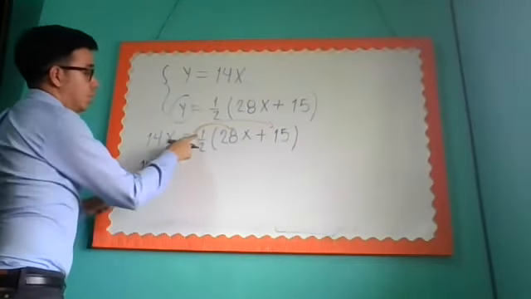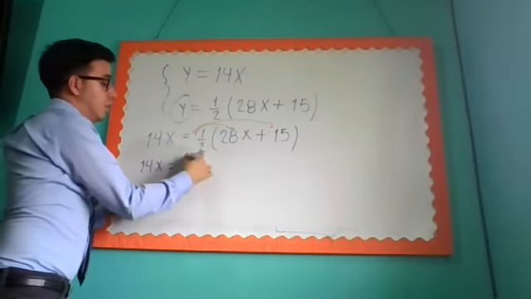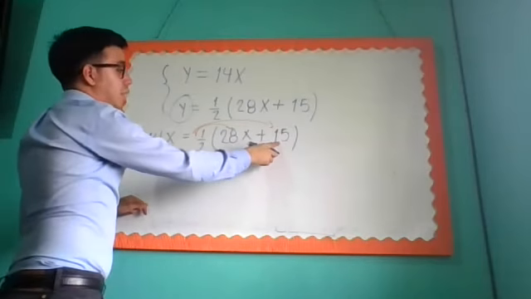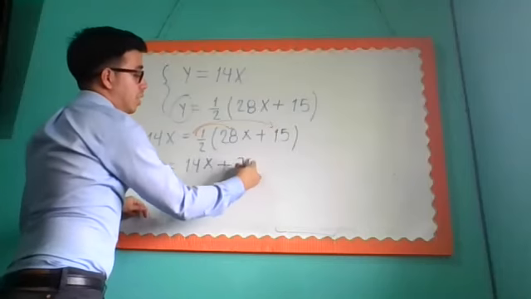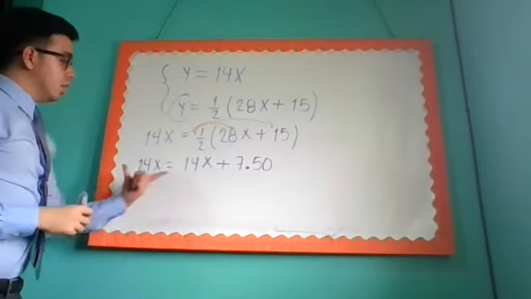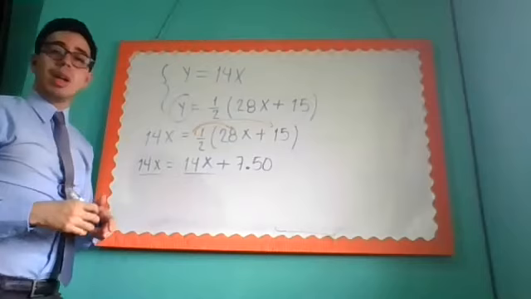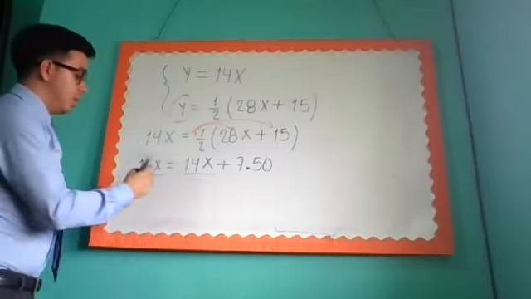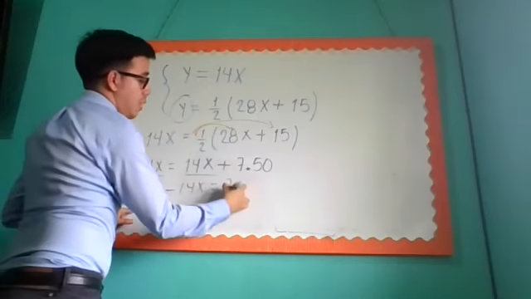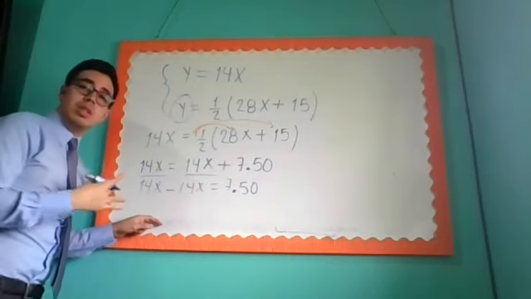Then we have 14x equals 1/2 multiplied by 28. The half of 28 is 14x, plus 15 times 1/2, that is 7.50. I only multiply, guys. The moment you see that you have the same number with the same variable, this is going to eliminate, because 14x minus 14x equals 7.50. Remember, I move the terms that have the same variable to the same side.